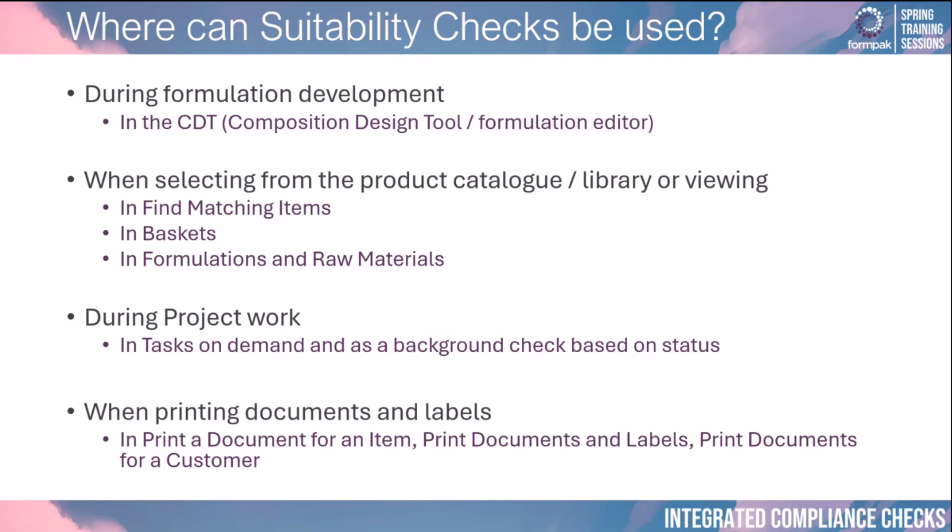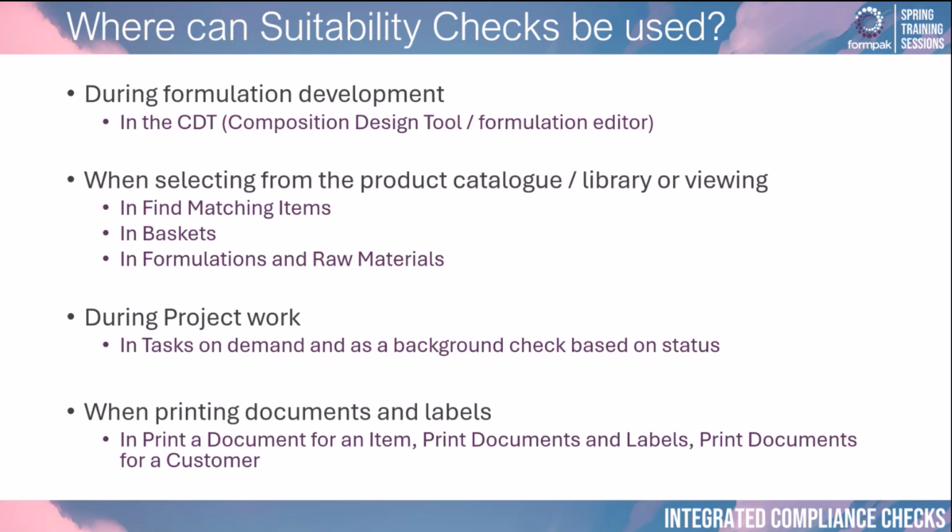So if you're asked for a safety data sheet or some other kind of status document, could be an IFRA certificate, could be a flavour specification, you can integrate suitability checks to make sure that at the point you generate that document, you also check, is it suitable for the customer at that point in time?